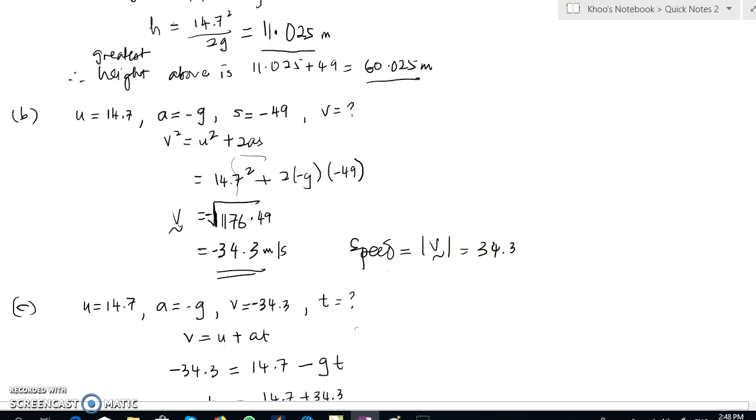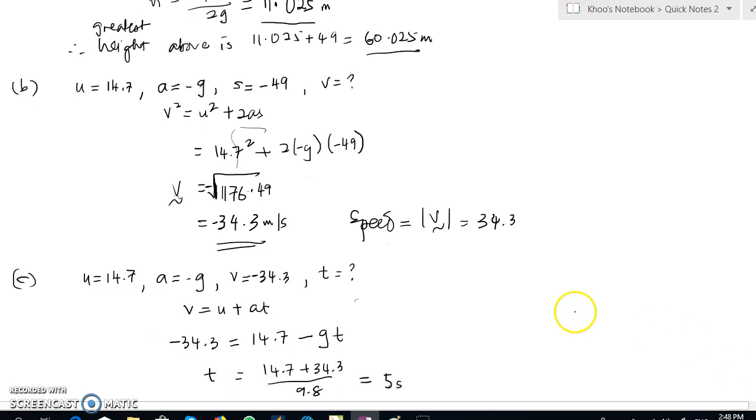Alright? And the thing you have to watch out for is also that when you're using the velocity for part C, you need to use the negative value to work it out. Otherwise you may not get the right answer. Of course there are other equations that you can use, like s equals ut plus half at squared. If that's the case, then your s will be negative 49.